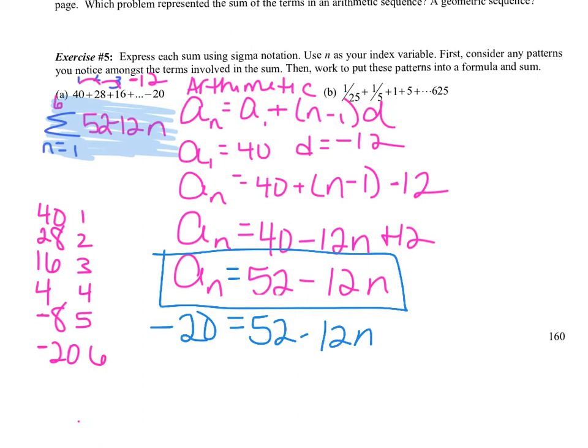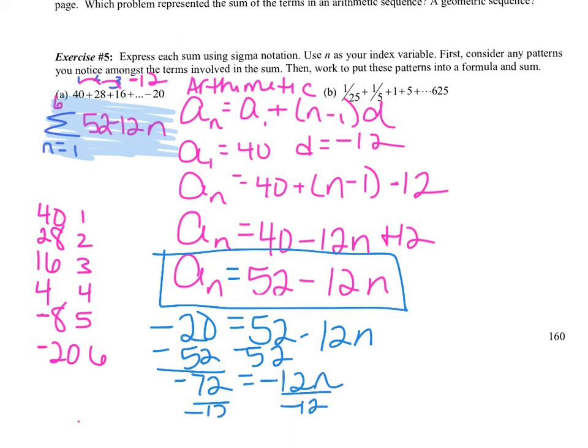We did do this in lesson 1. So when I minus 52 from both sides, that's going to give me negative 72 equals negative 12n. Divide both sides by negative 12, and n equals 6. So you can do it this way. It doesn't really matter as long as you can show your work.